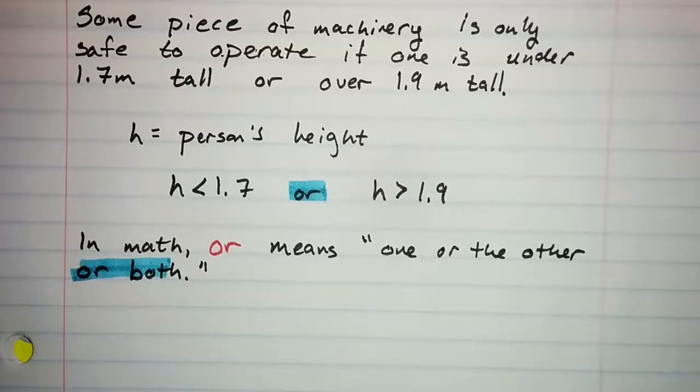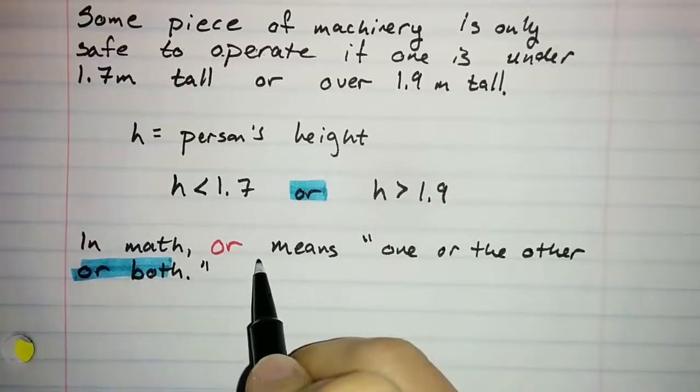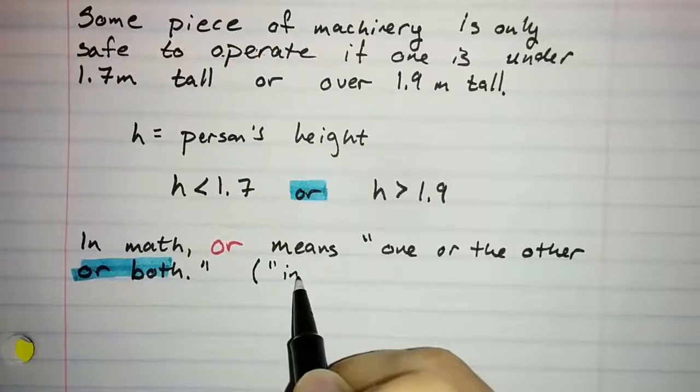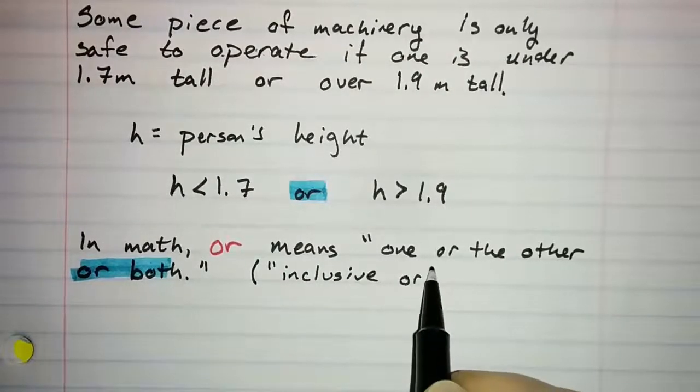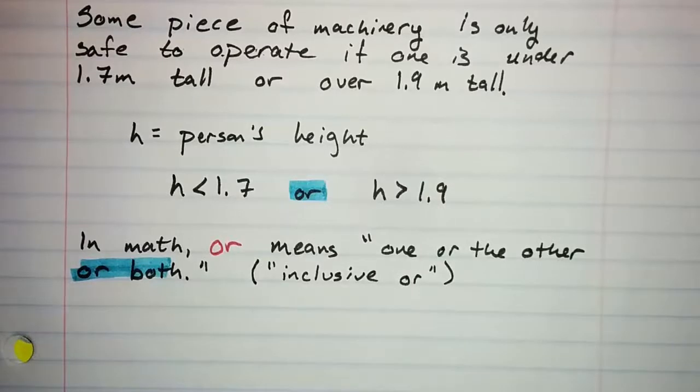Right? That in common English usage is called an exclusive or. Mathematical or is always an inclusive or. It's not your money or your life.